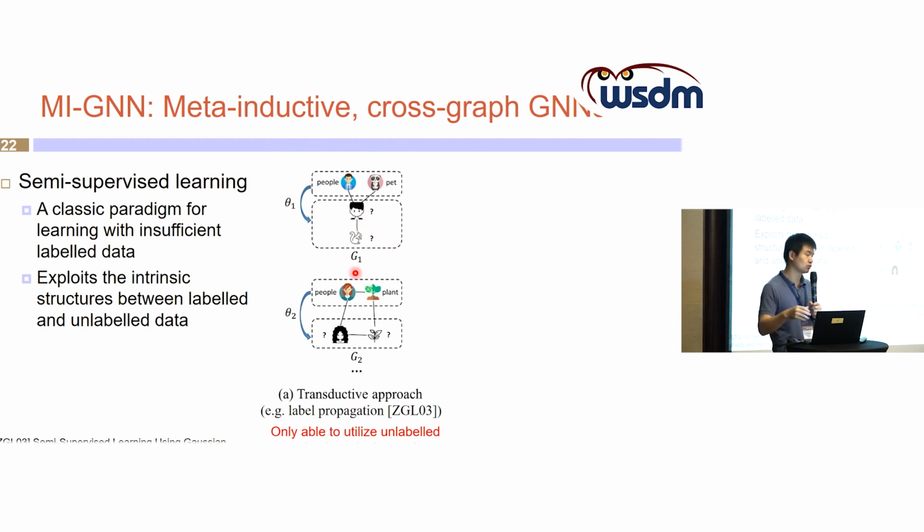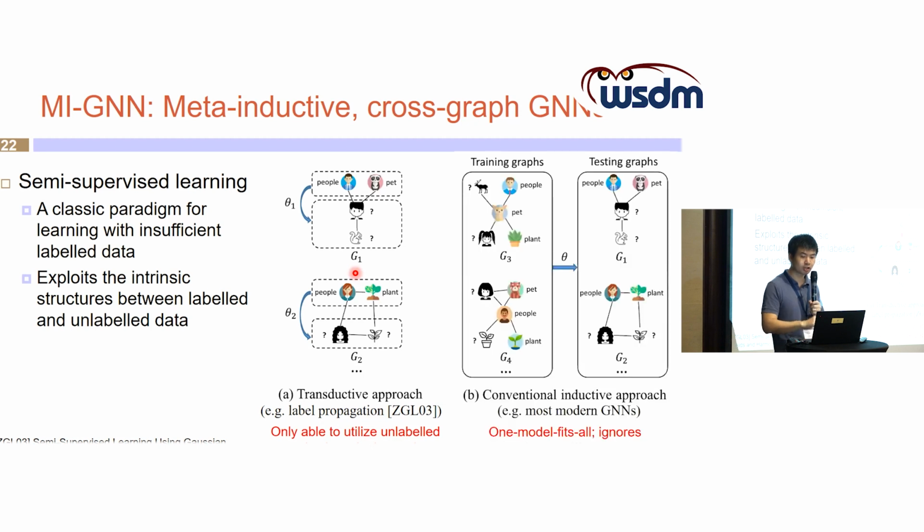On graph 2, you learn the model again. That's the transductive approach. Then we have the inductive approach. Most modern graph neural networks can do the inductive approach. Basically, they have a set of training graphs, and from these training graphs, they learn a graph neural network model.